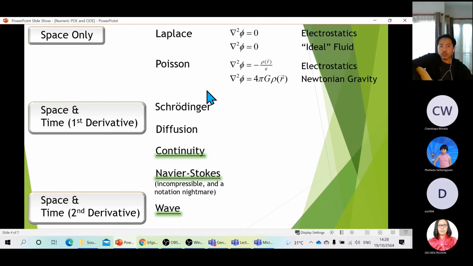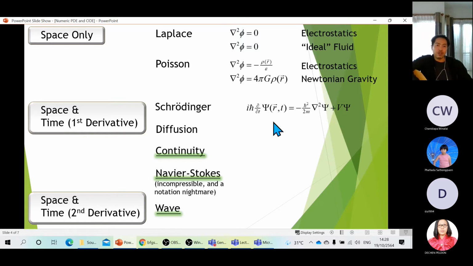Now the Poisson equation is somewhat more complicated. On the right hand side it is not zero, but contains something. We call this the source of the potential, the source of electric, the source of gravity. Or if you move to the next category, it contains space and time, but time only has the first derivative.